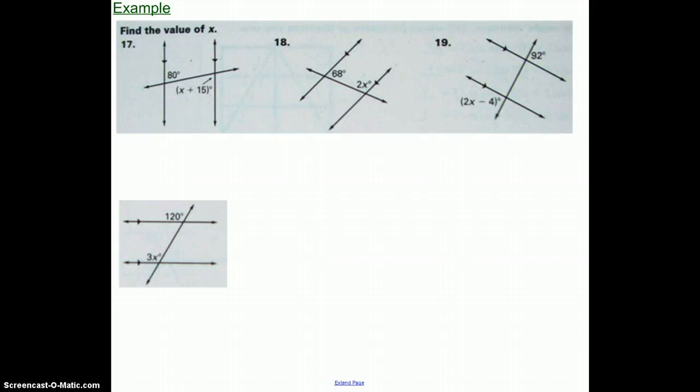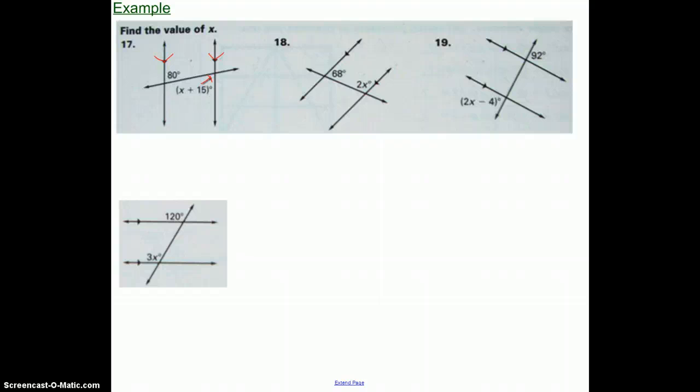Let's look at number 17, this top one on the left. We have our parallel lines. What you're looking at in the picture is those arrows right there in the middle of the lines. That's telling us those two lines are parallel to each other. So when we look at the 80-degree angle and this x plus 15 angle right there, those are alternate interior angles. Okay, they're in between the two parallel lines. They're on different sides of the transversal.